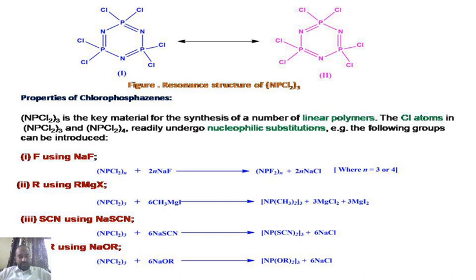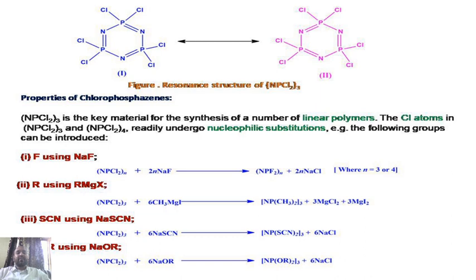Now the properties of chlorophosphazenes. The first one, (NPCl2)3, is the key material for the synthesis of a number of linear polymers. Here, the chlorine atoms of the cyclic trimer and cyclic tetramer readily undergo nucleophilic substitution.